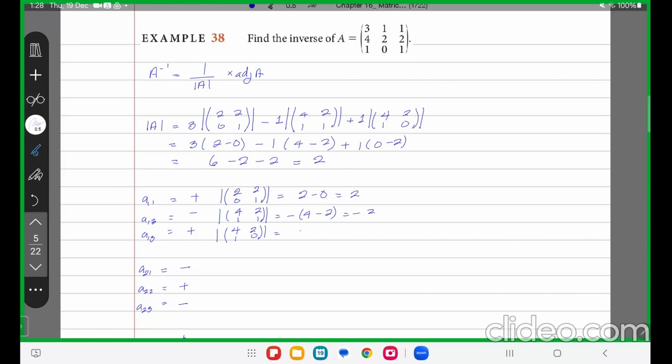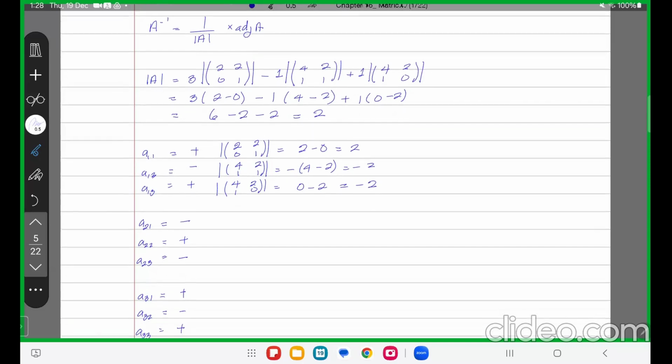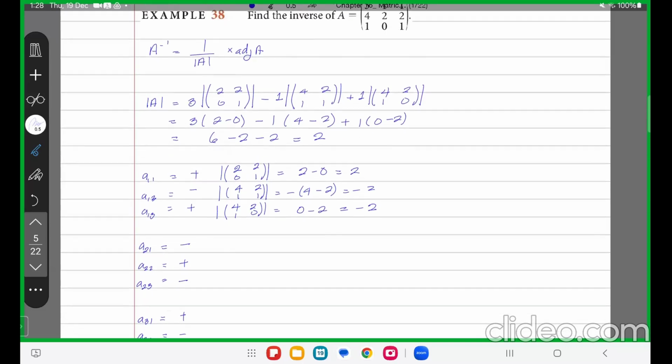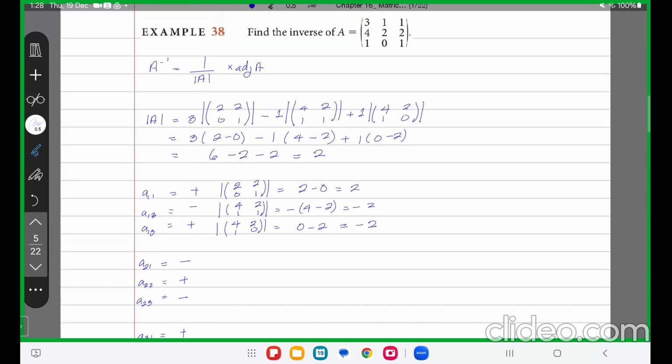This is 0, minus 2, minus 2. Second row. Minus 1, 1, 0, 1.